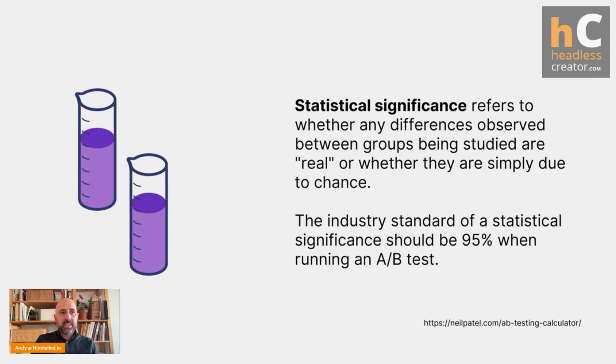Sometimes, and this really depends on the case, you could also accept a statistical significance over 90%. At the end, it's about what you're testing, the elements, and what's the impact on the conversion rate, and based on that, you can decide if the statistical significance should be 95% or 90%.